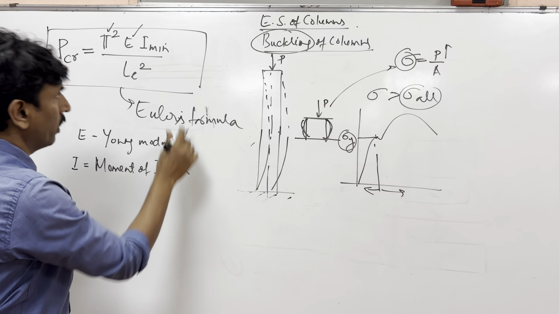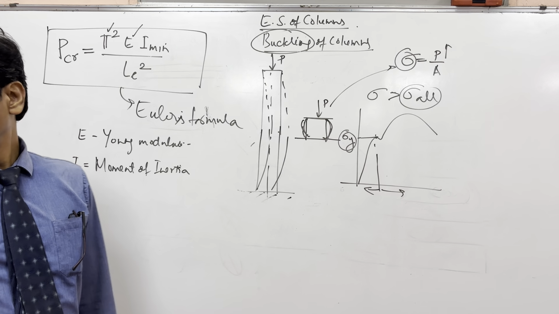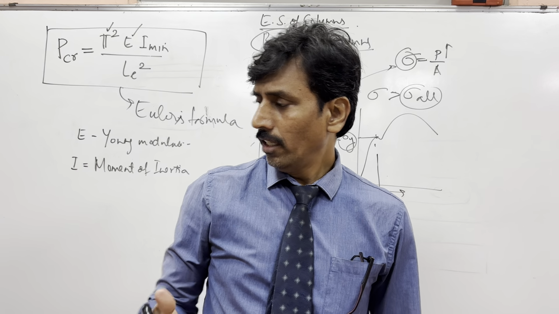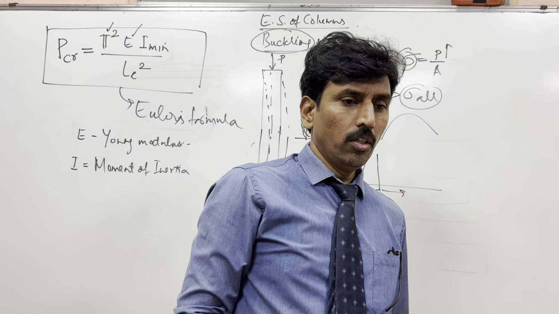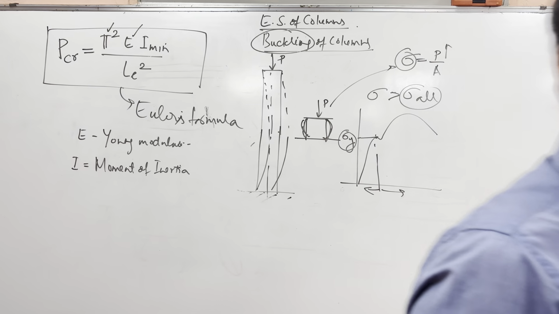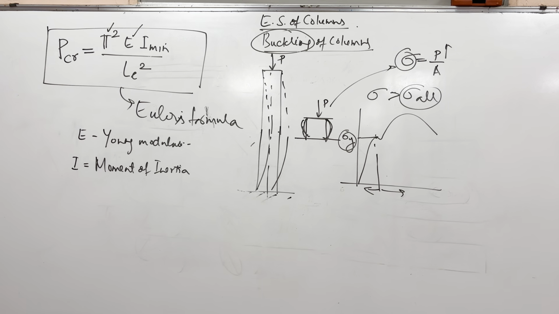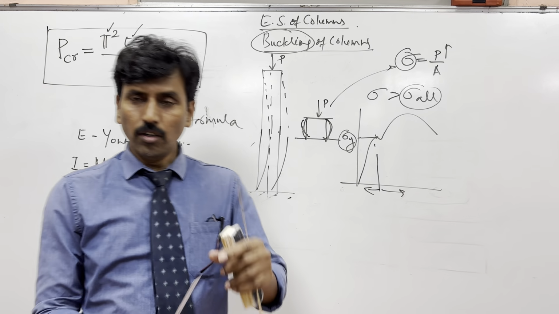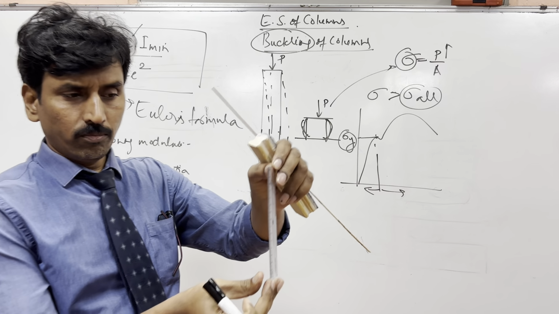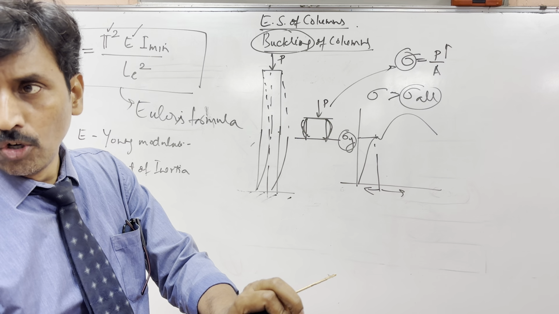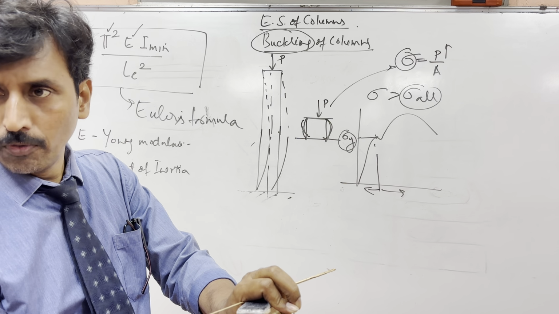Now here it is given I minimum. What does it mean? Anybody has got a scale? Basically, if you consider this scale as a column, and I try to apply loads on this scale, don't worry, if it breaks, I will give it.